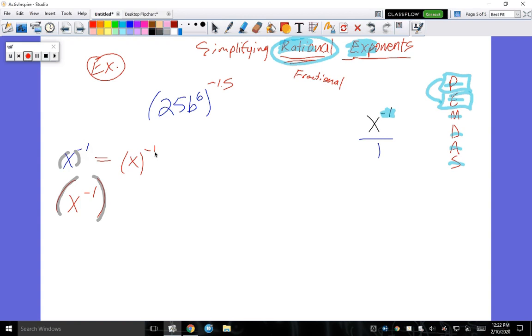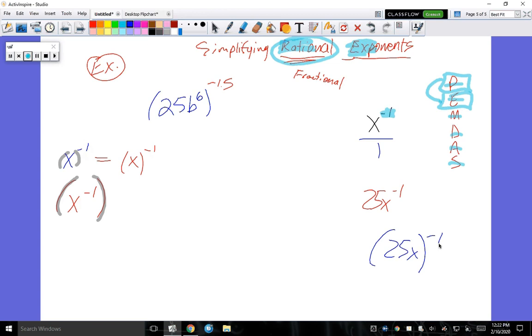So had I written 25x to the negative 1, you tell me, what's attached to the negative 1 the way you see it right now? Just x, right? Only x is attached to the negative 1. The 25 is not attached to the negative 1. If it was, it would look something like that. You with me? Write it down in your notes because you might forget that.